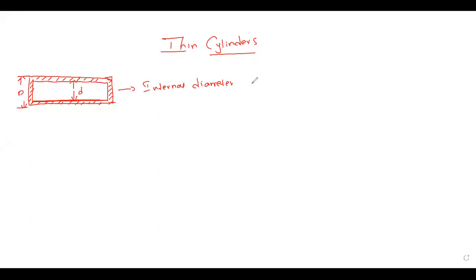So the first statement itself is: when the thickness is less than or equal to the internal diameter divided by 20, d by 20, then you can consider it as a thin cylinder.